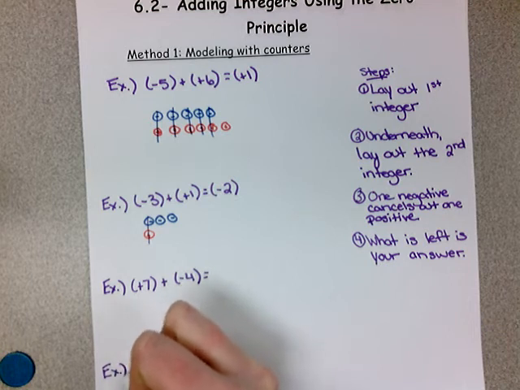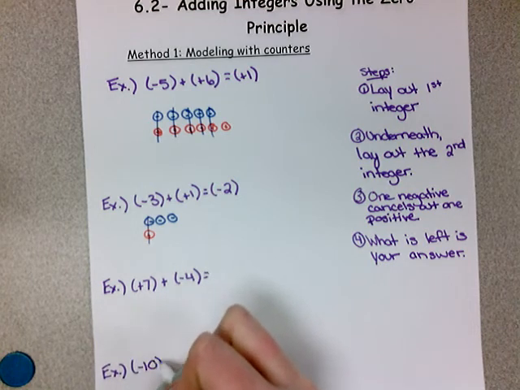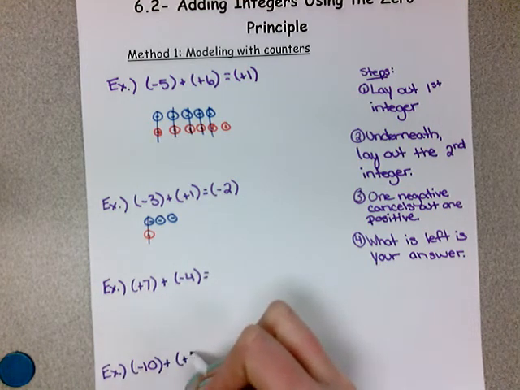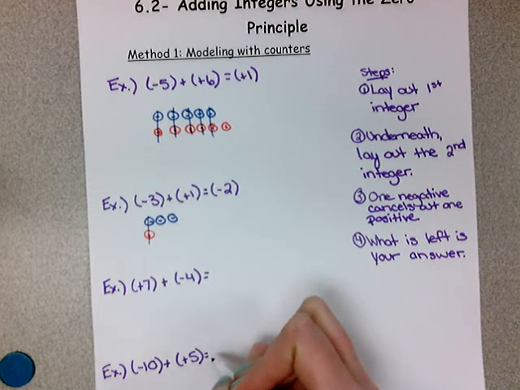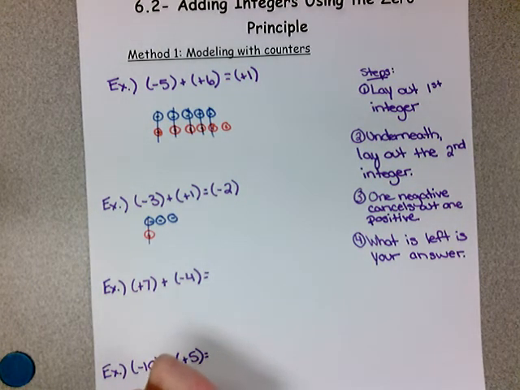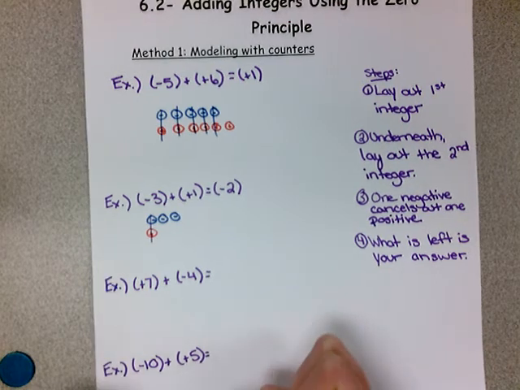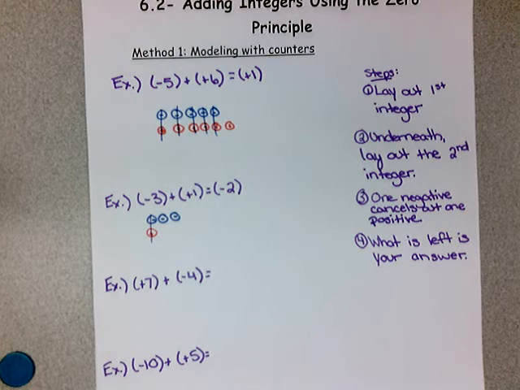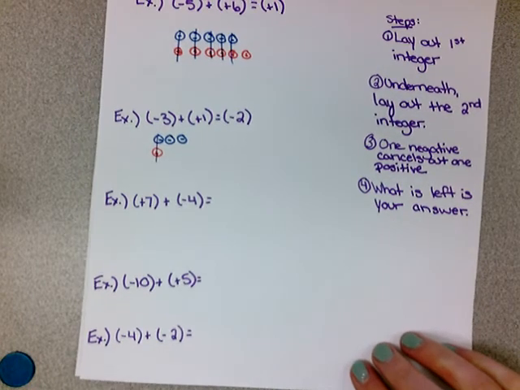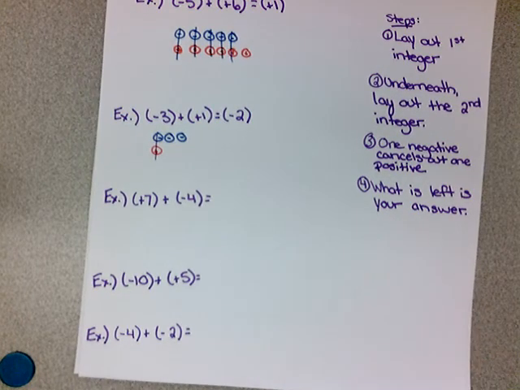We're also going to try -10 plus +5. And -4 plus -2. So pause the video, try these ones out on your own, and when you finish them, you can press play and I'll go through them and you can check your answers. So pause the video now.